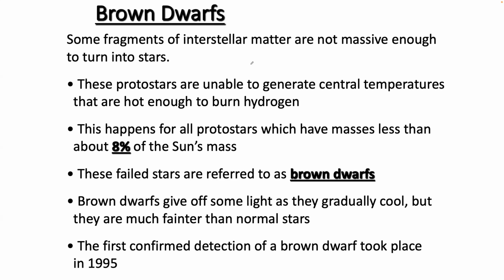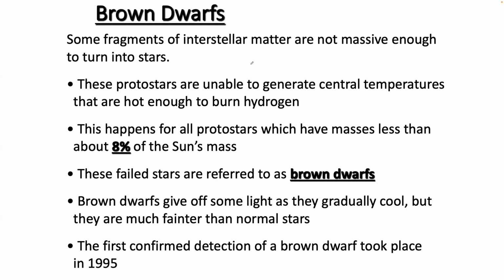The real stars means the stars that will move on to the main sequence eventually, right? Because these protostars are unable to generate central temperatures that are hot enough to burn hydrogen.